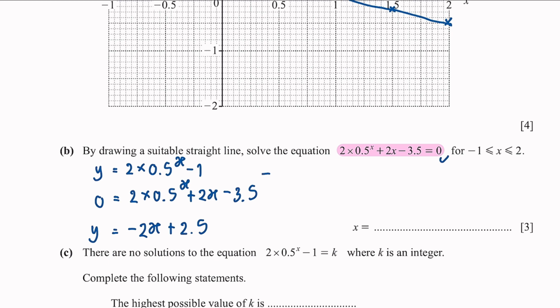And then next, we are going to draw a suitable straight line. But first, we have to calculate the value of x-intercept and y-intercept.